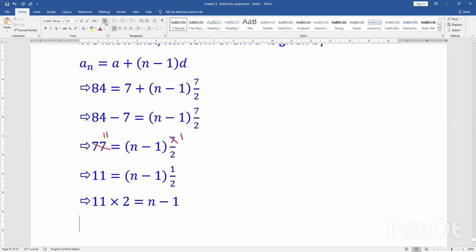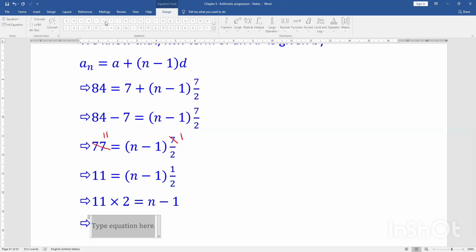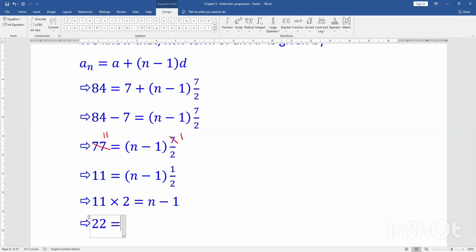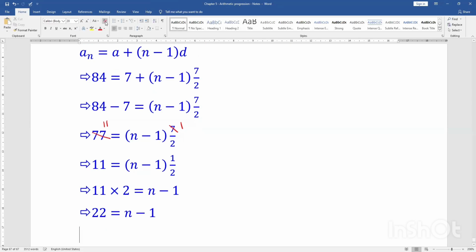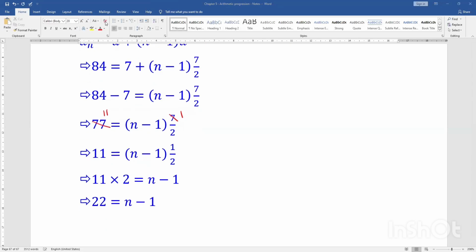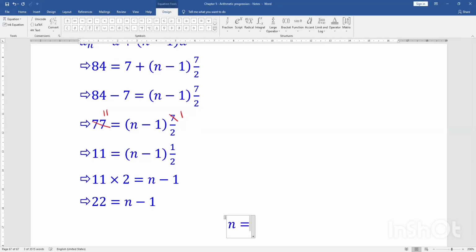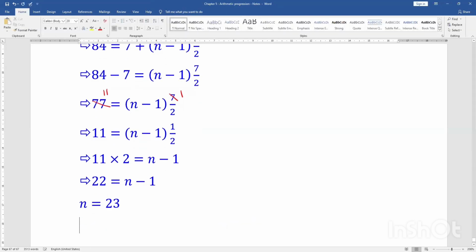You can skip the steps and write it directly also; this is just for people who don't know how things work. So 11 twos are 22 equals n minus 1, and we get n is equal to 23.